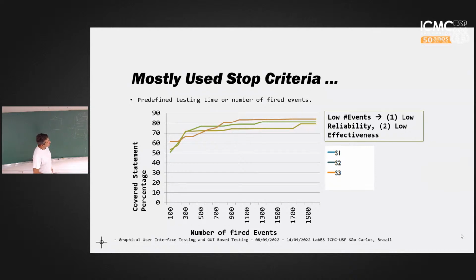I run the first execution, then I run the second execution. It's by random, okay? Then I run the third execution. What do you see here? What, as a researcher, as a tester, what do you see? What is the observation?